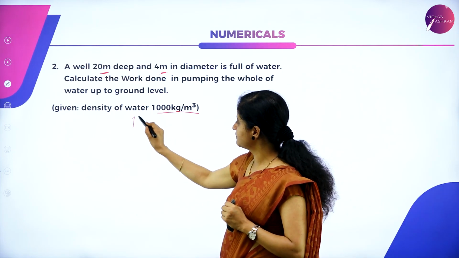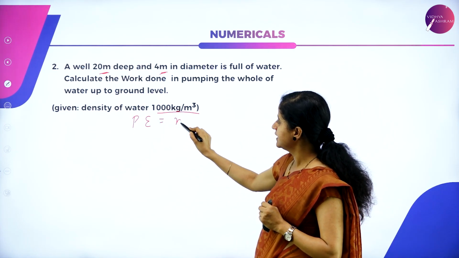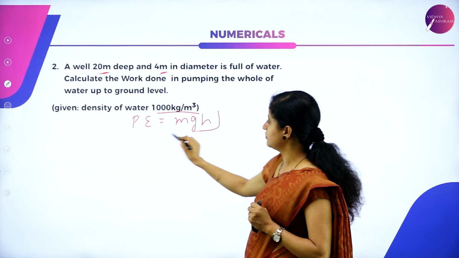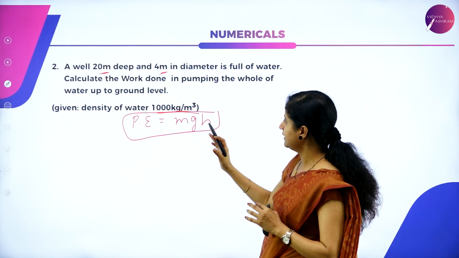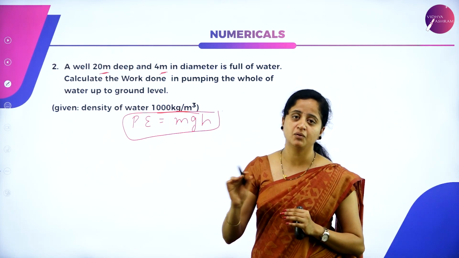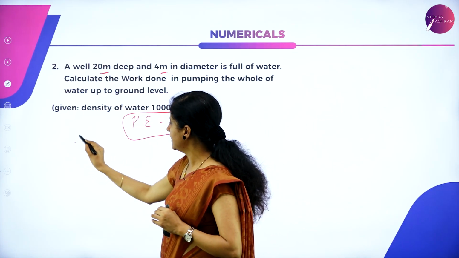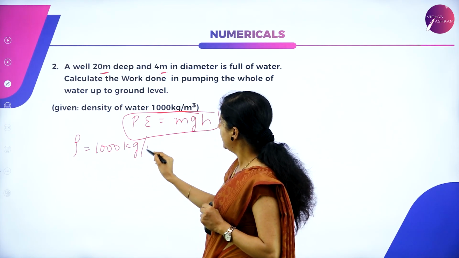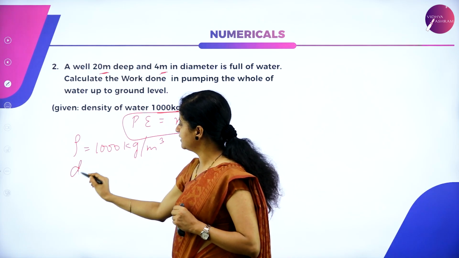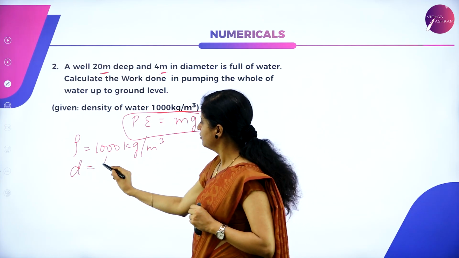So what is the expression for potential energy? It is mgh. So we have to calculate the work done to bring the whole of the water up to the ground level. It is given that the density of the water is 1000 kg per meter cube and the well is having its diameter 4 meter.